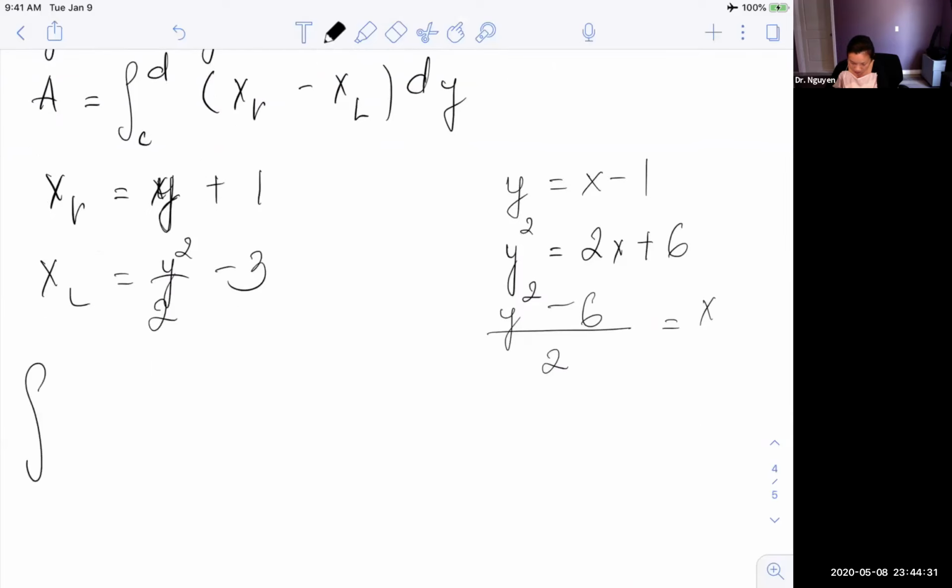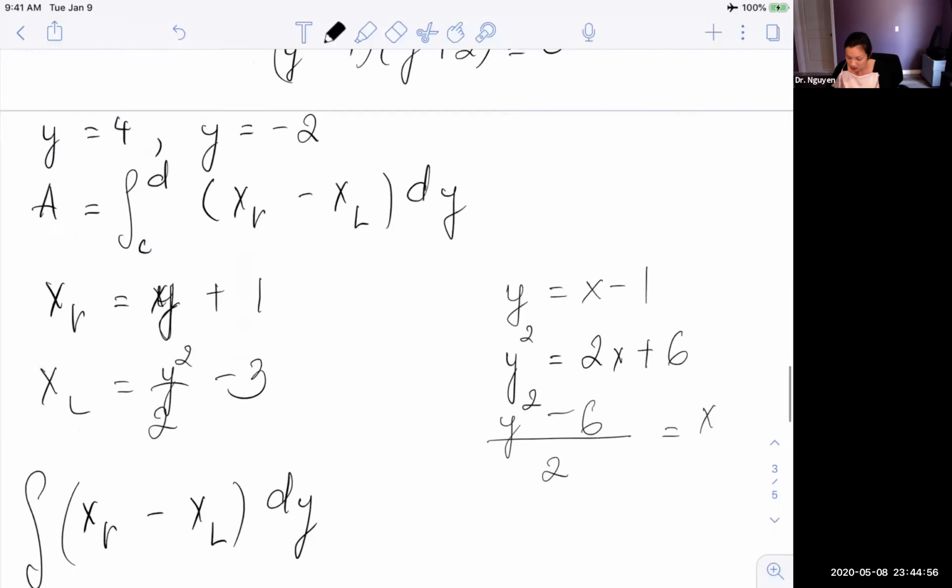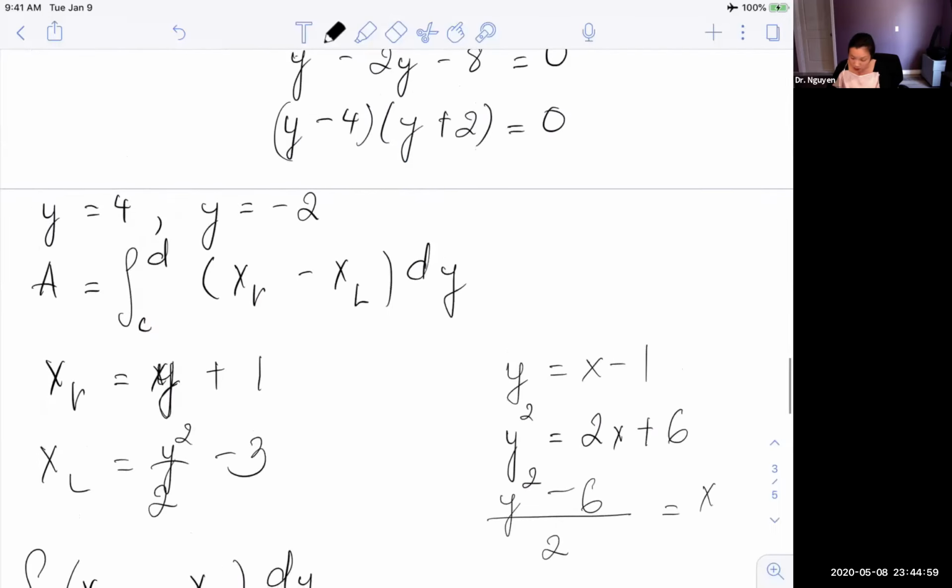Now we're ready to plug it in. So now, okay, I'm going to have the curve. So make sure you take the right, subtract xr, subtract xl, dy. Okay, and then you have to be careful with the integral as well. So I'm sorry, we're dealing with dy. So you're going to have to use y, not x.